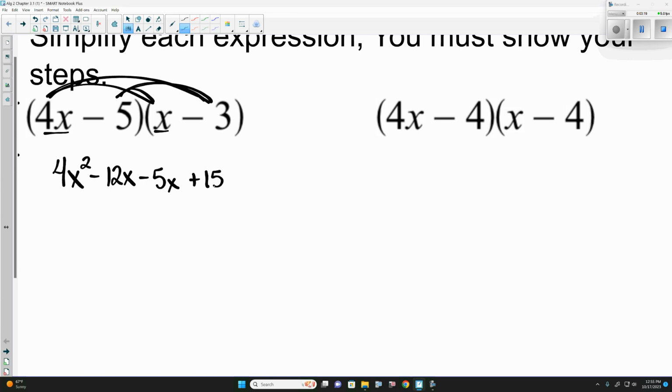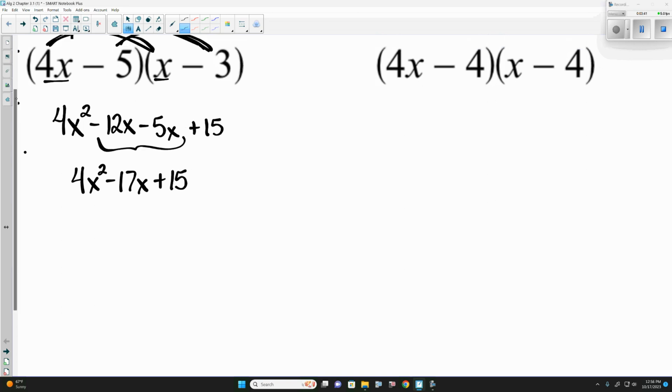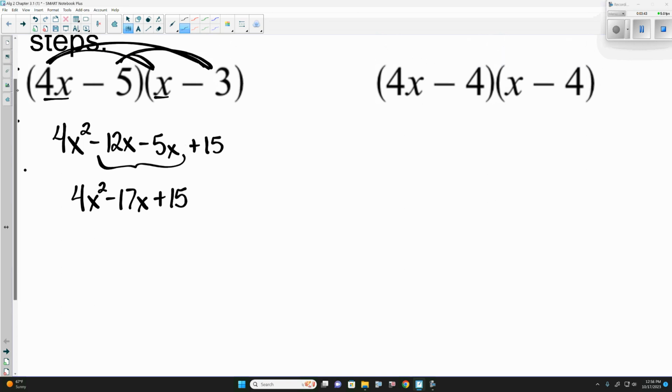Now, before we can say we're finished distributing this, we do have to combine like terms. Our only like terms here are the negative 12x and negative 5x. Negative 12x minus 5x is negative 17x. And we get 4x squared minus 17x plus 15. So we distributed through to get this.